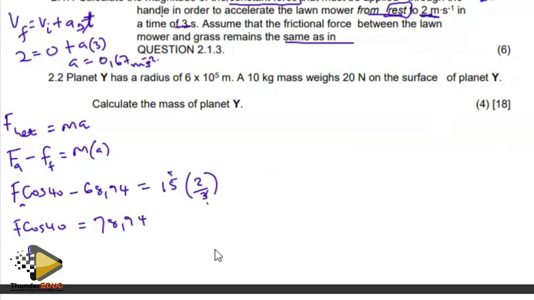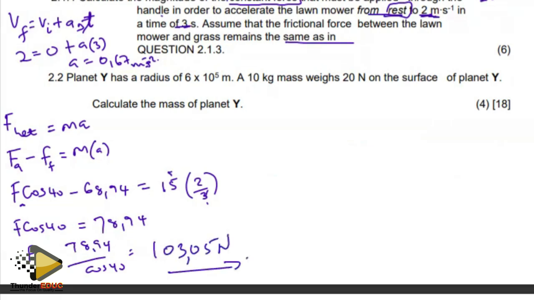Then when I divide both sides by the cos of 40, 78.94 divided by the cos of 40, I end up with 103.05 newtons. So that should be our force applied. All right, so that is that with that question.